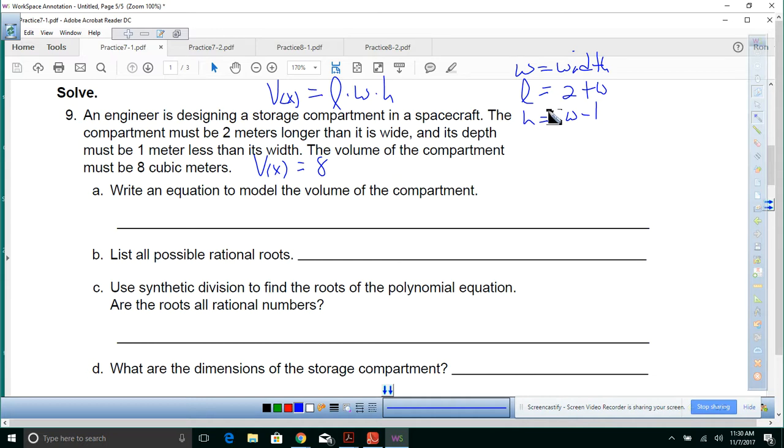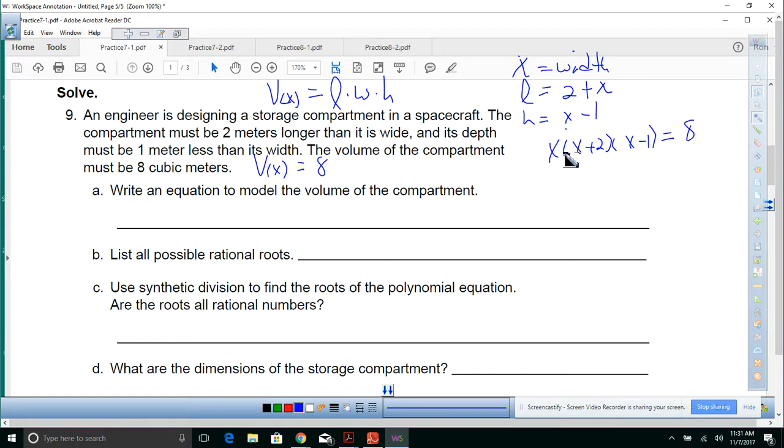All right, so let's let x equal the width. So that's 2 plus x, and then we'll make that x minus 1. So let's see, what do we got? We got x times x plus 2 times x minus 1 equals 8.